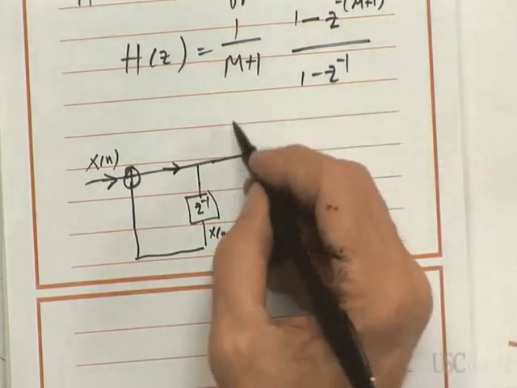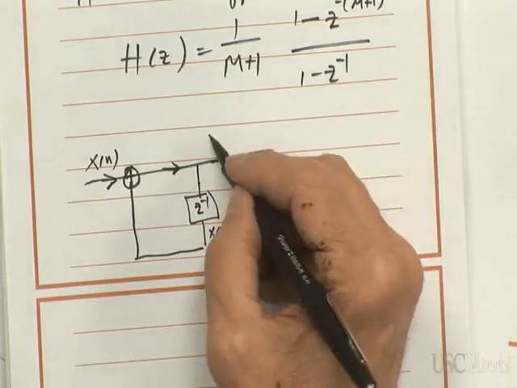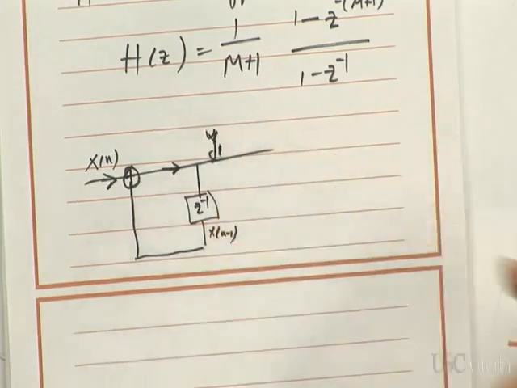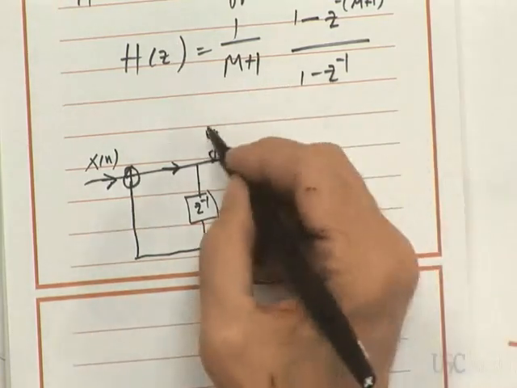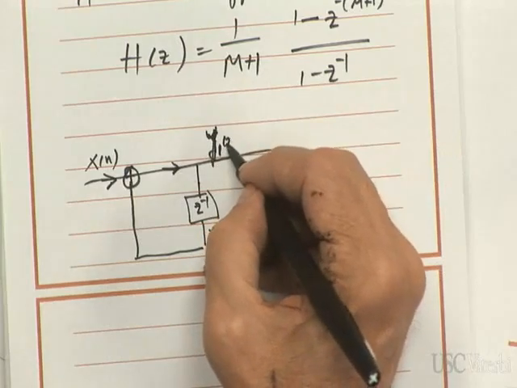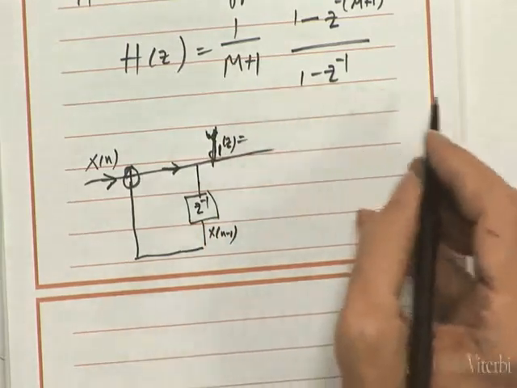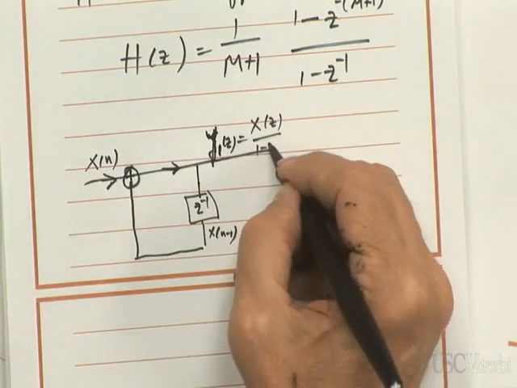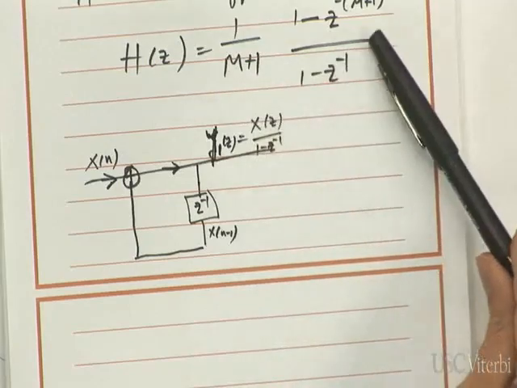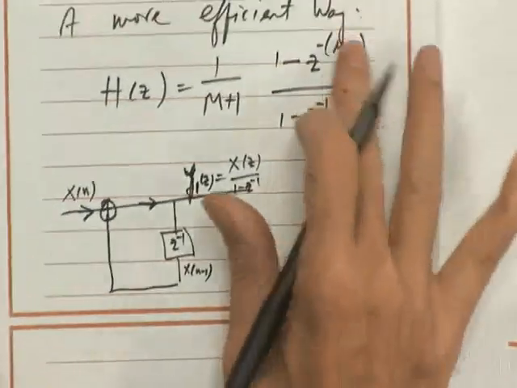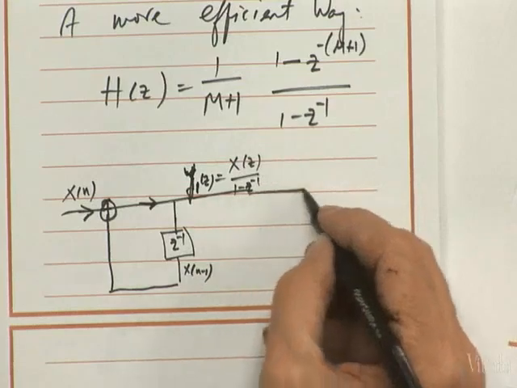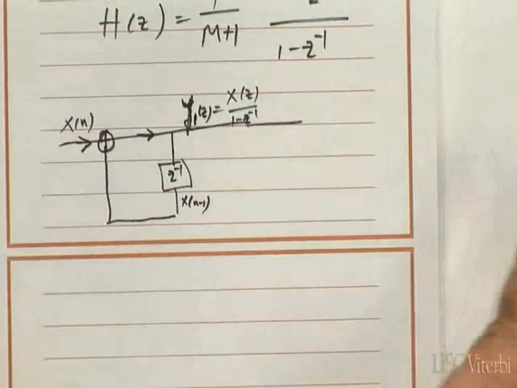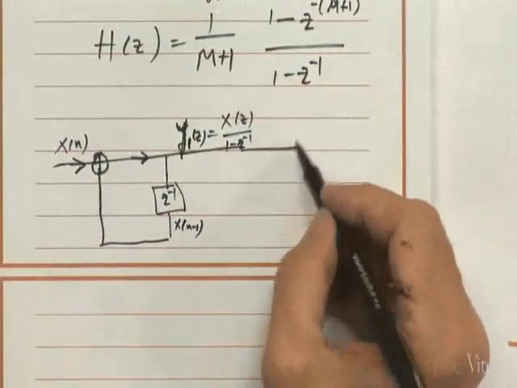And so that's going to be, if I call that y1, in the transform domain, y1 of z will be equal to x of z divided by 1 minus z inverse. So I've just generated this part of it, this 1 minus z to the m plus 1. Now if I go to the next branch, and I'll write this out in more detail and post it so you can see it a little bit better because I don't want to mess it up.